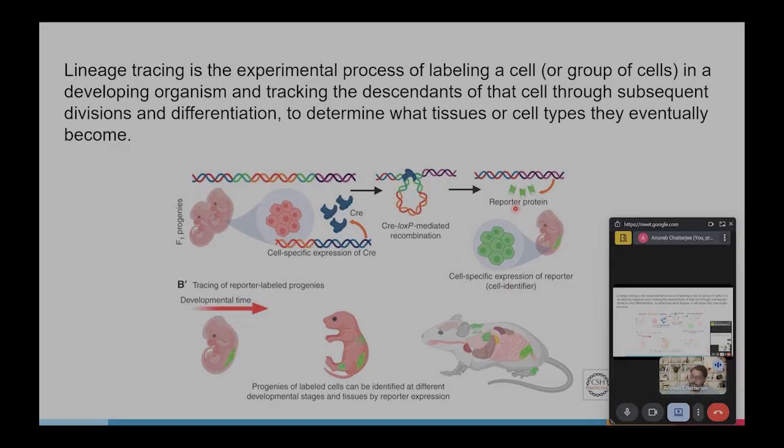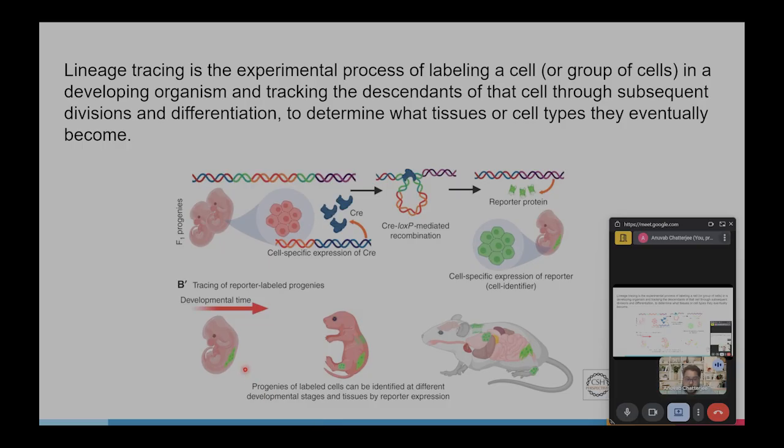So with this particular technique, you can figure out, this is my cell and I want to know what it makes. So you just have to find a particular gene that only this particular cell expresses, and you then trace it all the way to maybe birth or maybe adult stage even by using this technique.